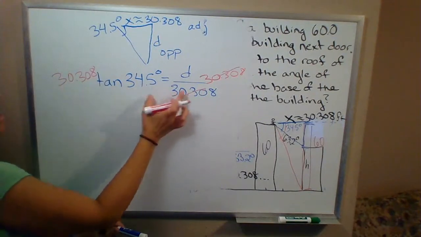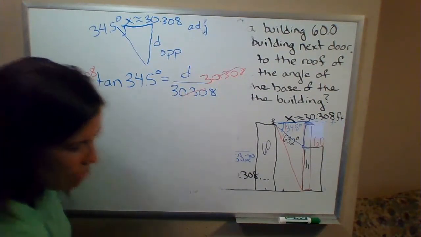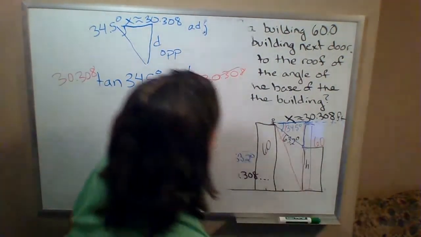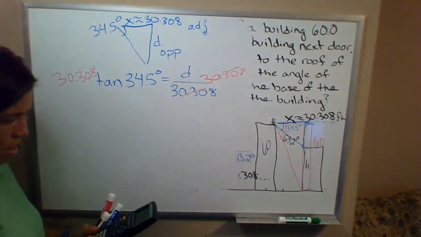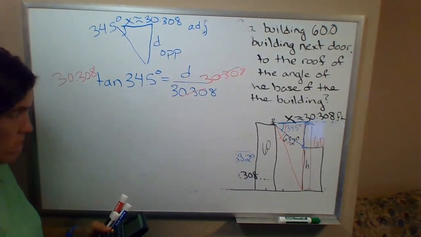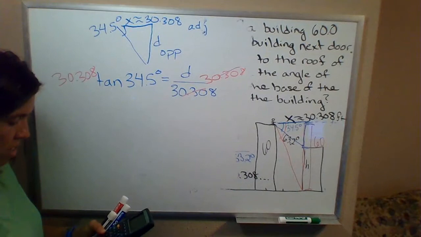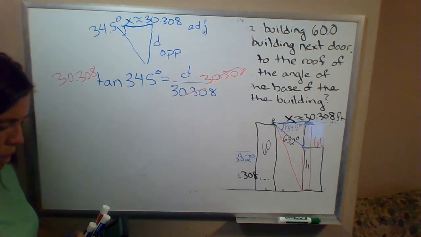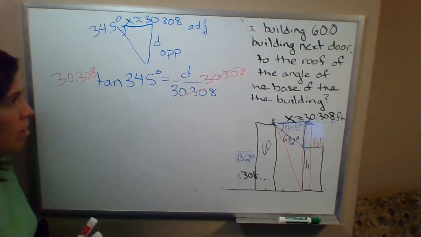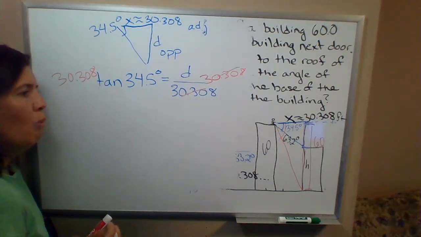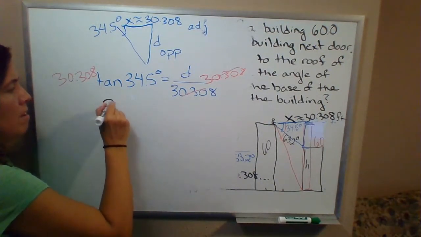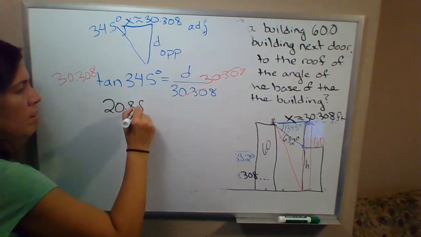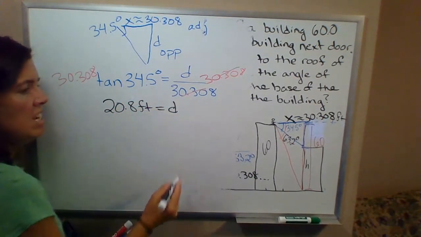That'll give us this extra bit of distance. So 30.308 times tangent of 34.5 is 20.8. So about 20.8 feet is equal to D.